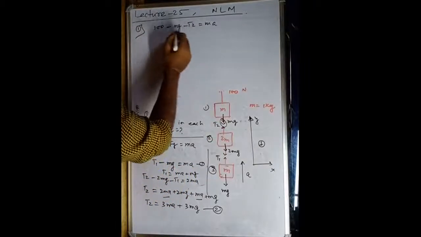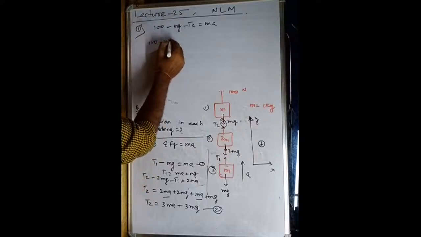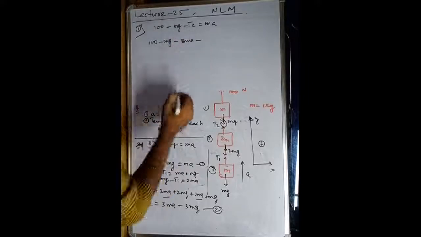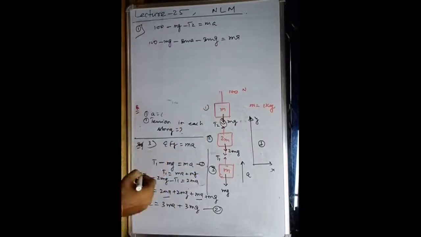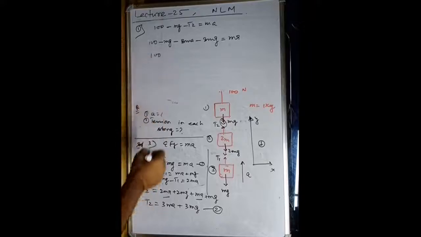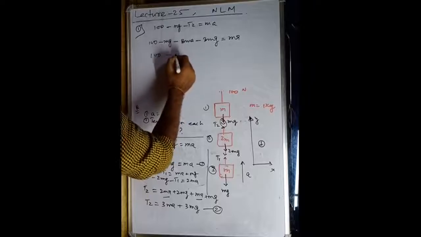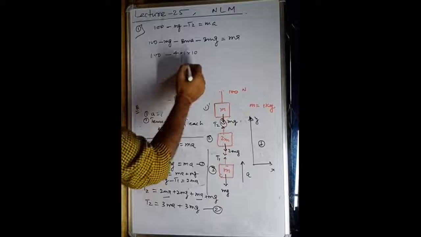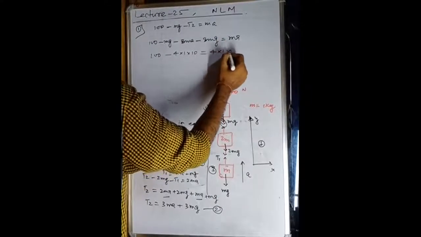Here you can put the value of T2 from equation 2. It is 100 minus mg minus thrice ma minus thrice mg is equal to ma. So it will be 100 minus 4mg is equal to 4ma, m times a.